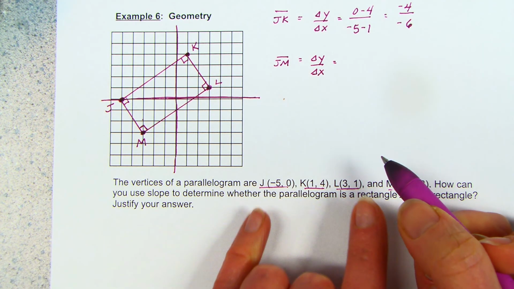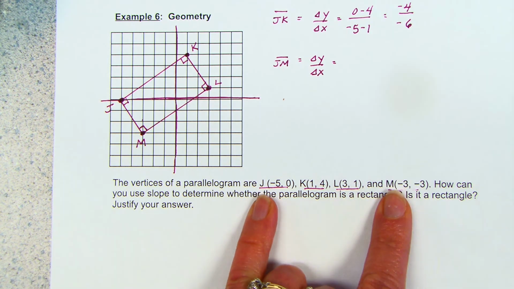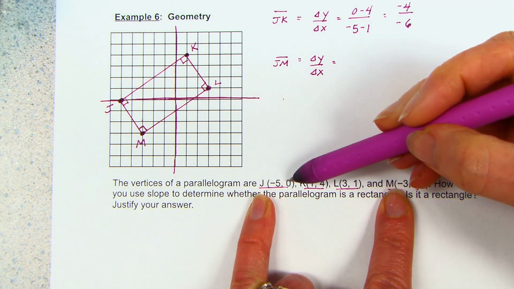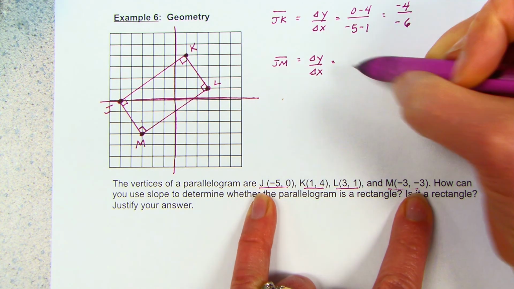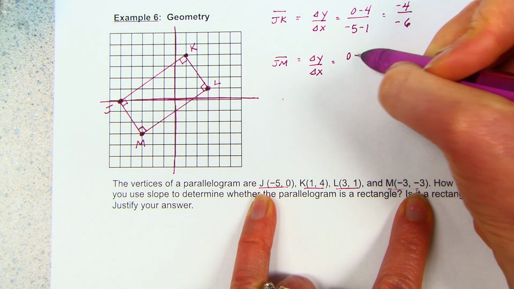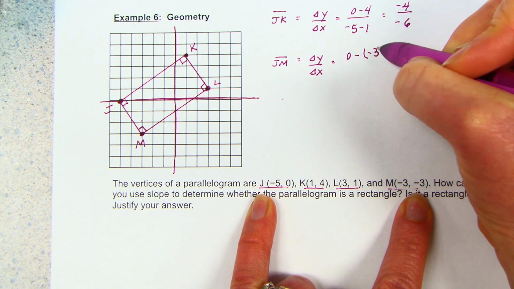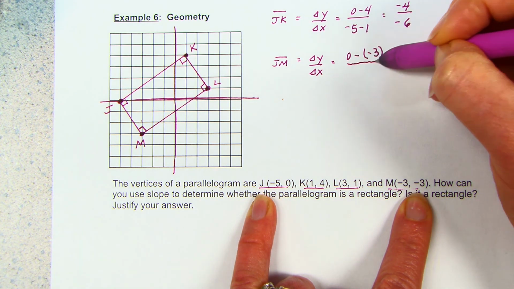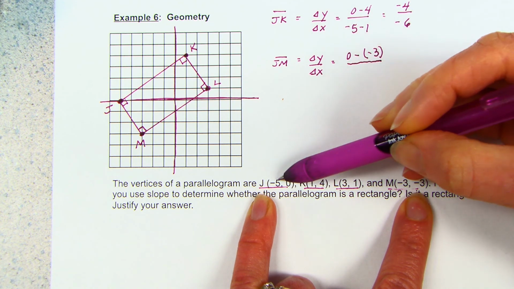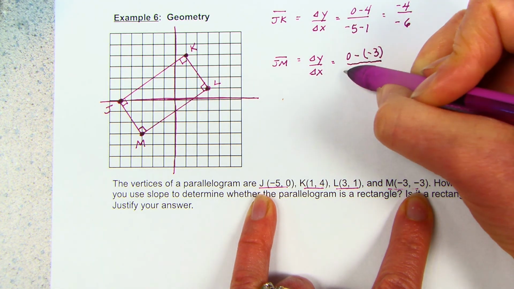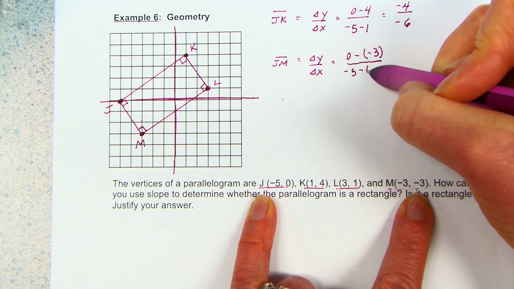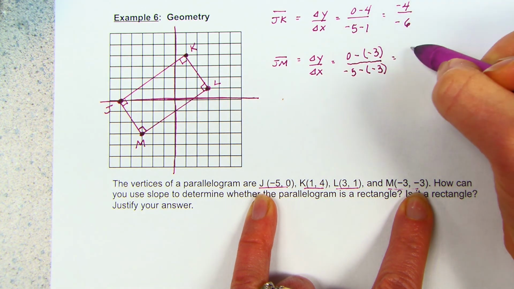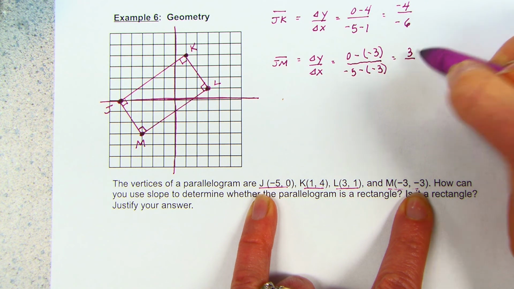Okay, here's J and M. So the change in my Y value is 0 minus negative 3, and the change in my X value is negative 5 minus negative 3. 0 minus negative 3 is 3.